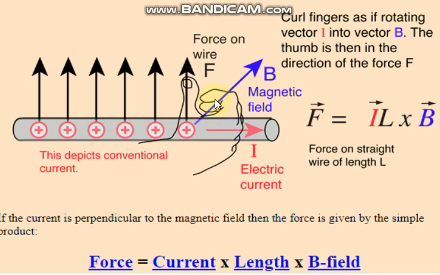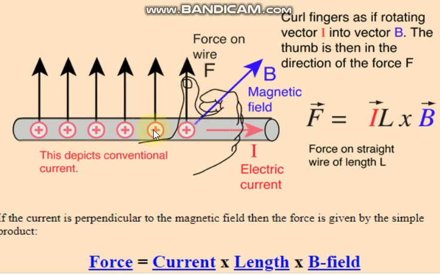We will rotate it towards B, and will curl the fingers of our right hand in the direction of this rotation. So curl the fingers in the direction in which L is rotated towards B through the smallest possible angle. So this is the smallest possible angle. The stretched thumb is directed upward.